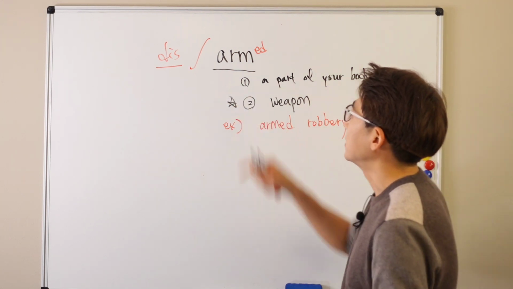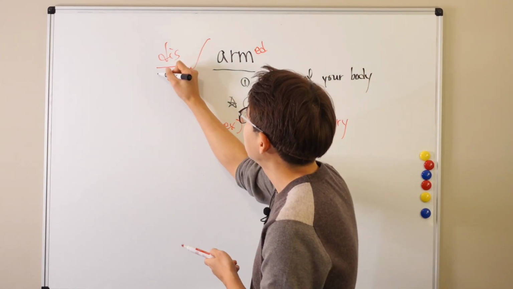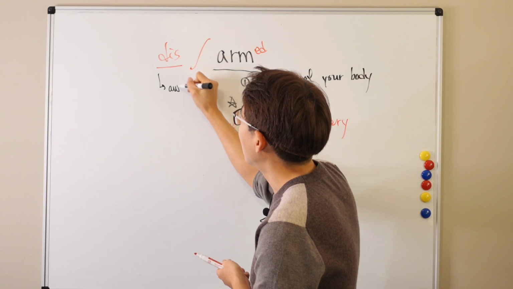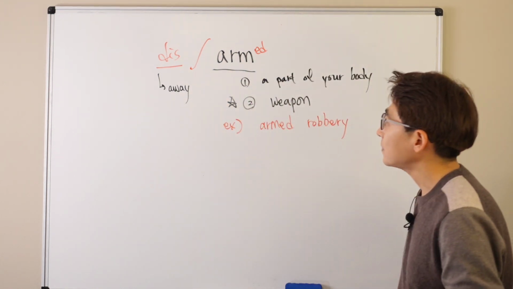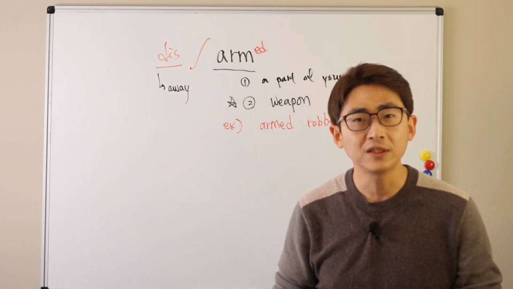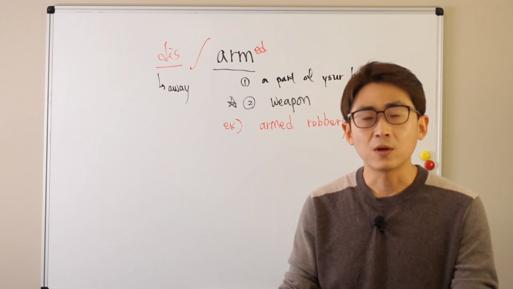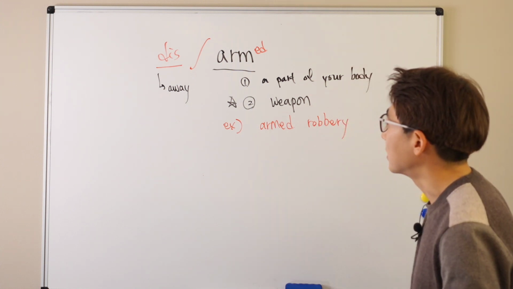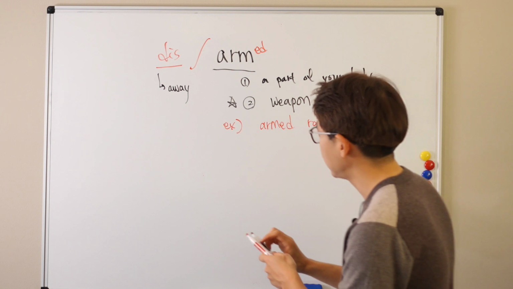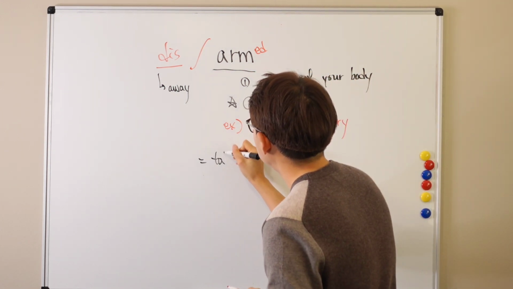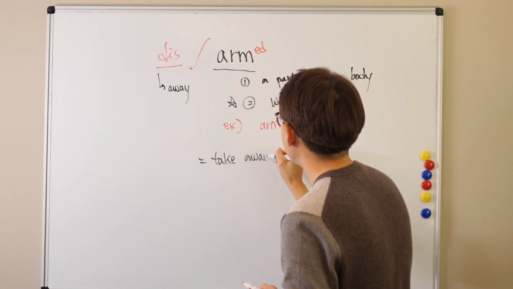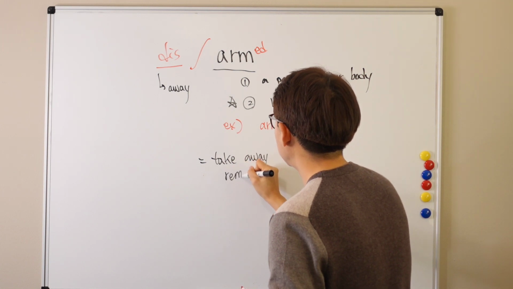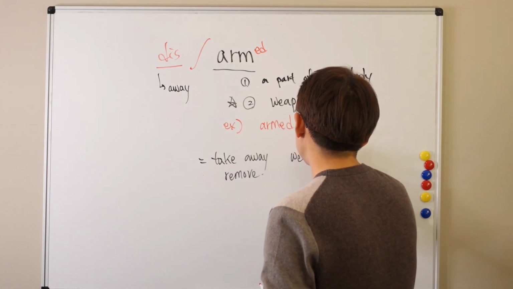So this arm means weapon, and here dis becomes the meaning of away. So someone is already armed and you take weapons away from that person. That's what disarm means. Okay? So take away or remove weapons.